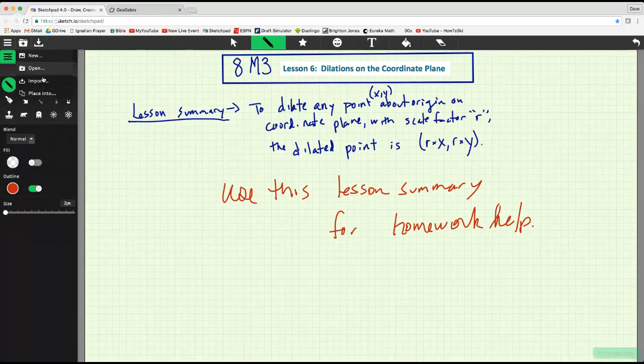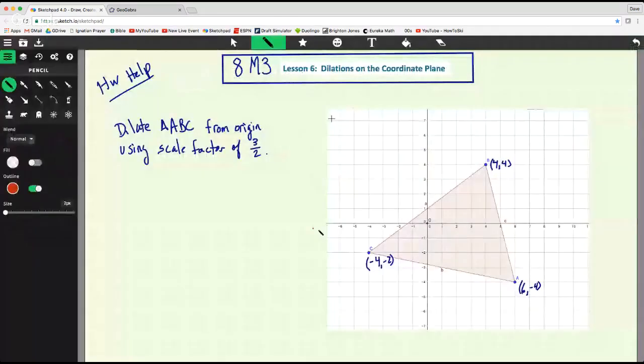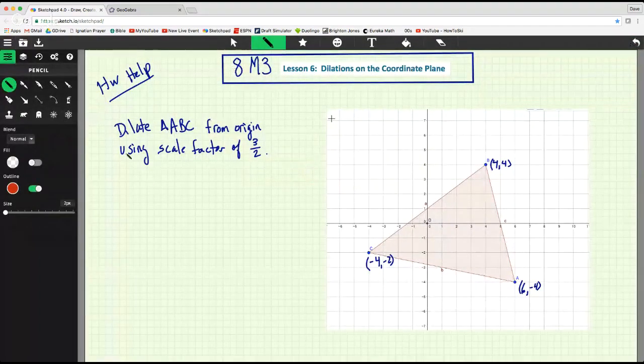Okay, so let's go to the homework help, which is what you all came for. Here's an example homework problem that I want you to try on your own. We're going to dilate triangle ABC from the origin using a scale factor of 3/2. Here's my hint: scale each vertex by itself.